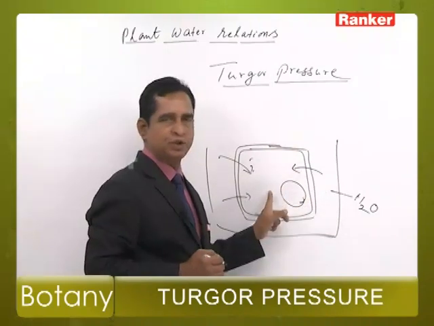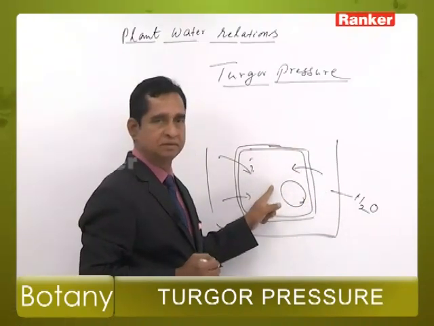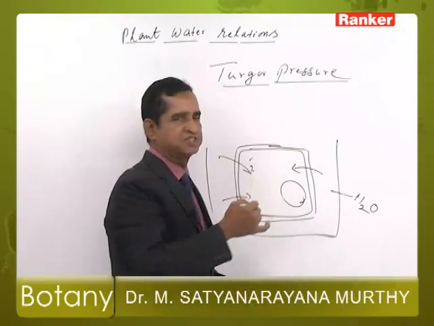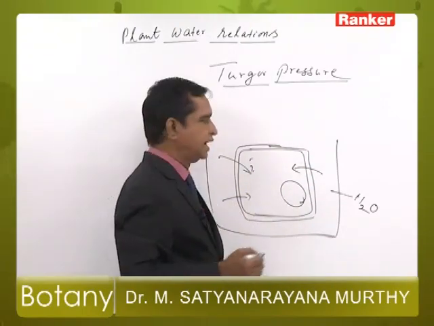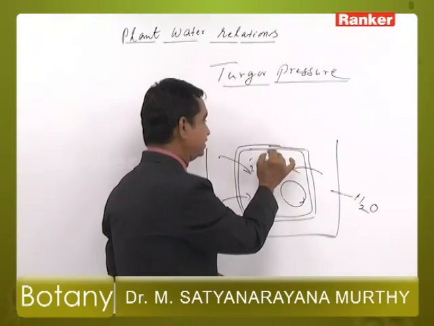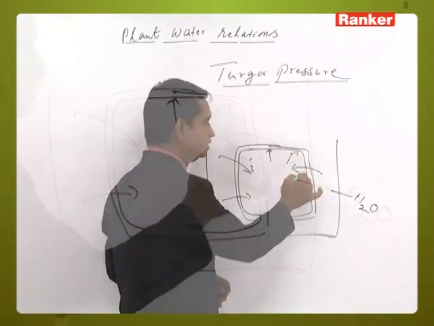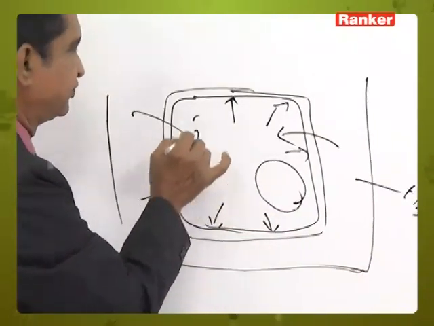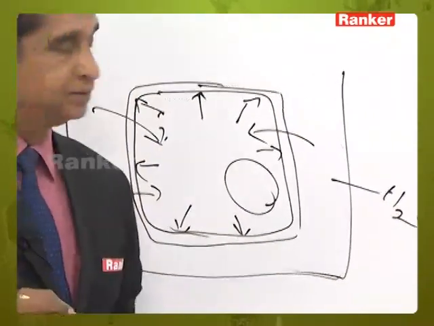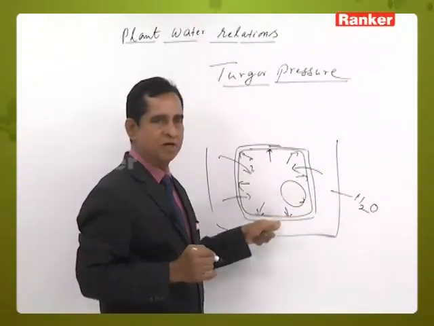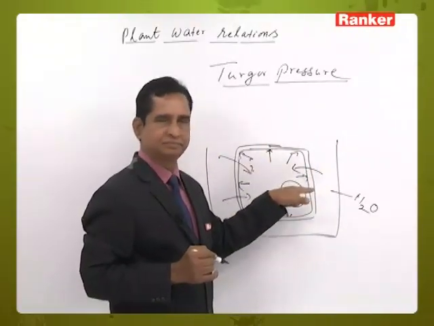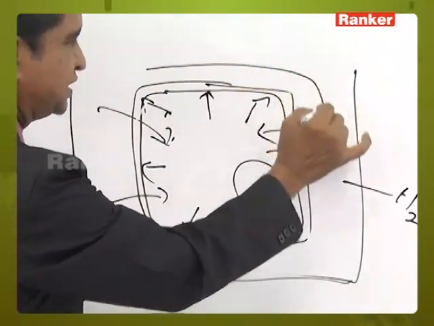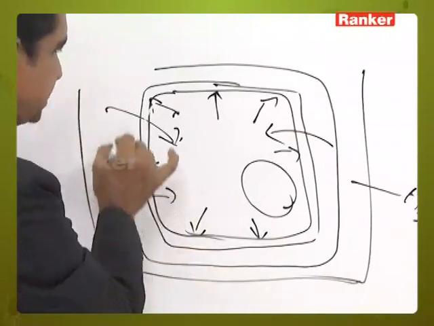When water enters into the cell, naturally inside the pressure builds up, and this pressure is exerted on the wall. And if the cell wall is elastic, naturally the cell increases in size.